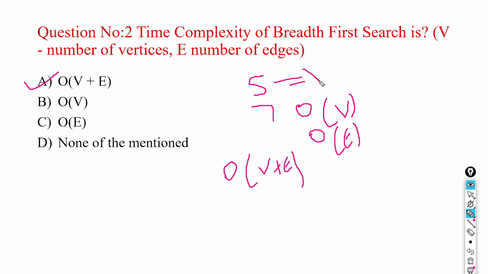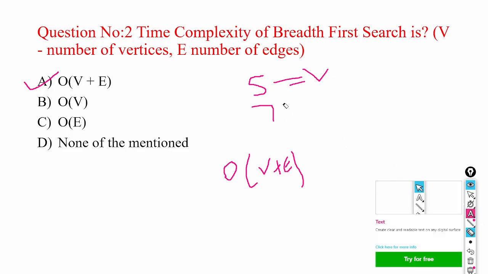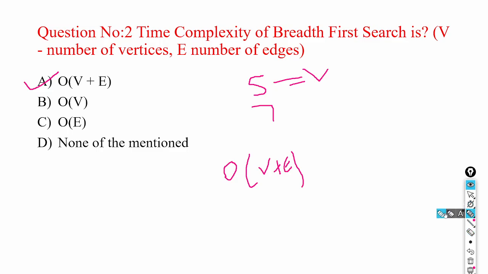BFS visits all 5 vertices and all 7 edges, so order of V plus E, 5 plus 7, is the correct one.